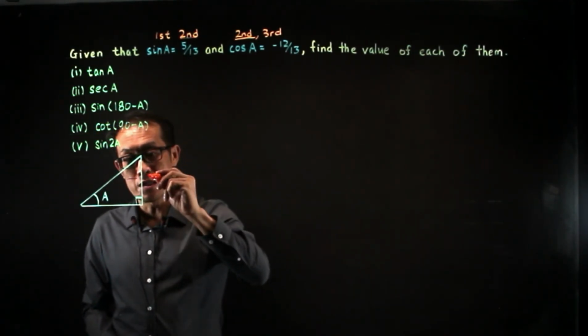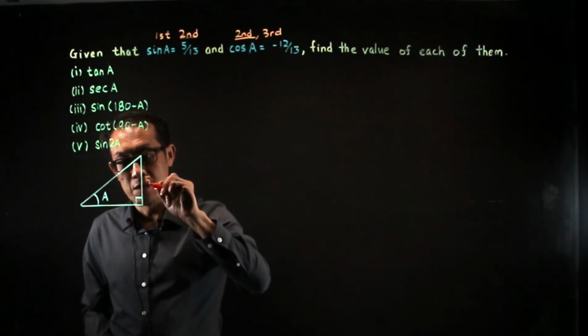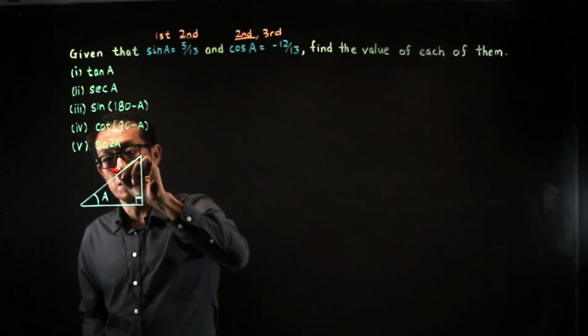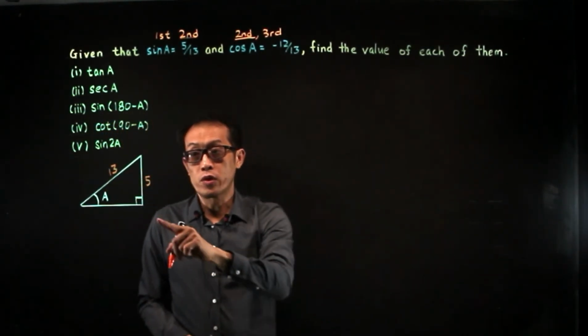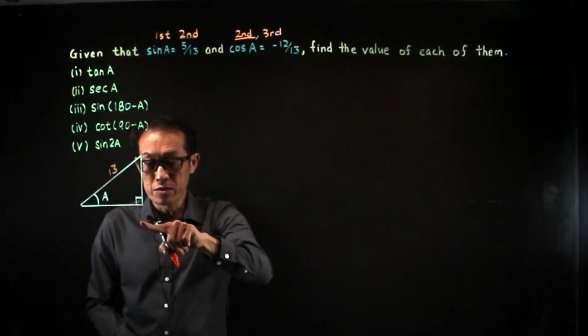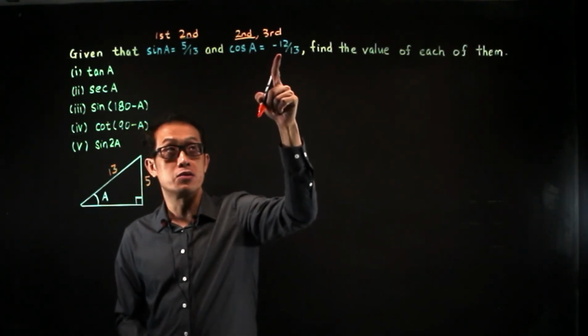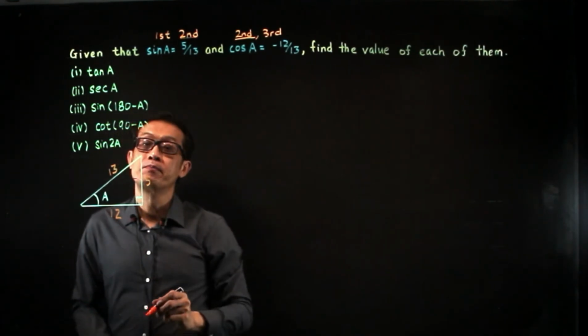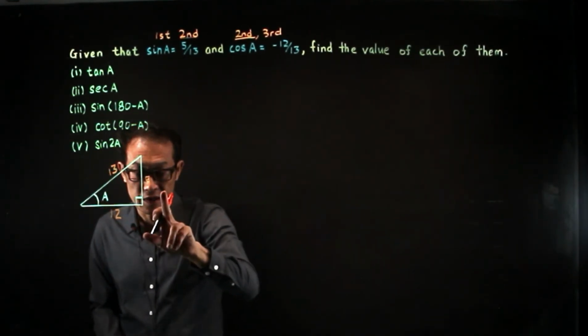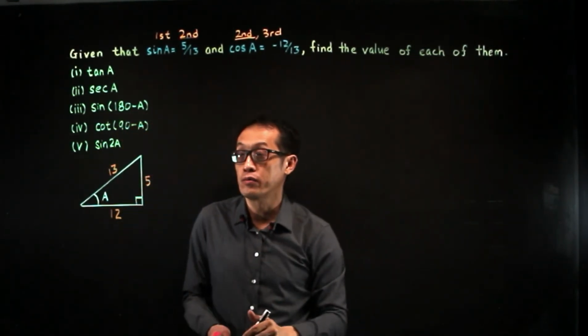So this side is opposite, and the hypotenuse is 13. You can determine the length of this side using Pythagoras, or you can simply look at this. So this is 12. Or you can use the square root of 13 squared minus 5 squared, and you will also get 12.